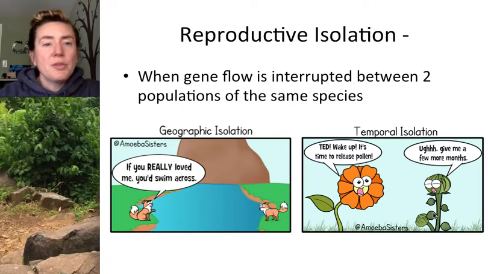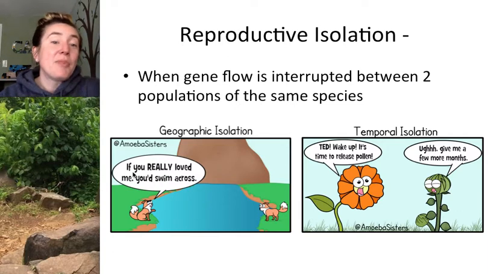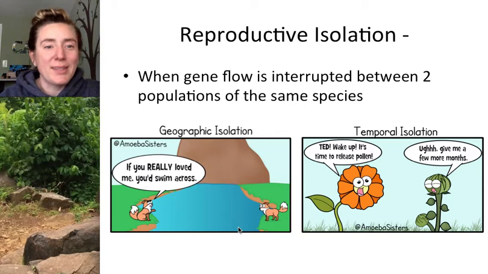So there are two different types. I talked about geographic isolation here. This one just has two foxes, again, separated by some type of physical barrier. So the last example was a river. This example, again, a river. It says, if you really loved me, you'd swim across. And he's making the choice to not do that. So therefore, they are reproductively isolated.